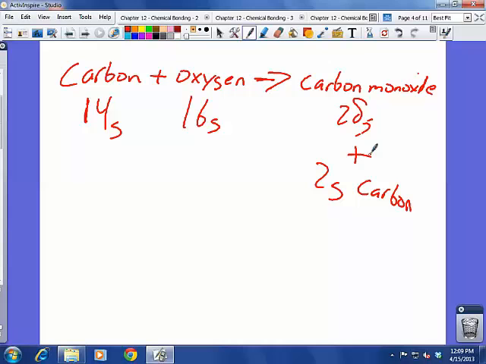So you should be able to judge from this which is our limiting reactant and which is our excess.